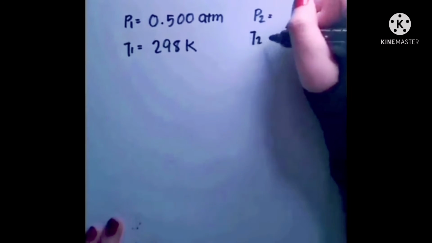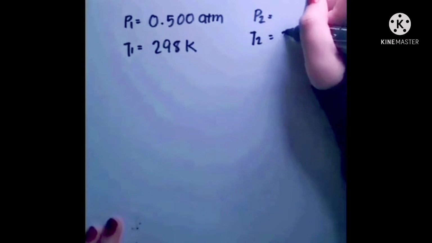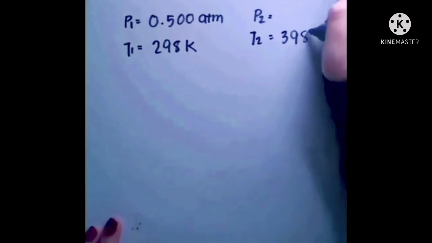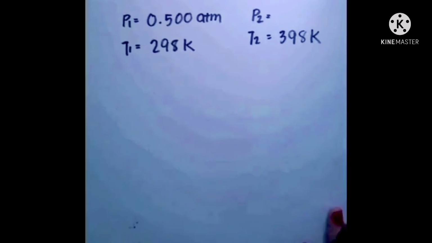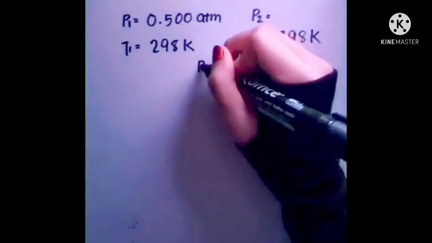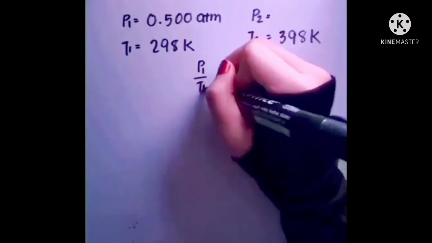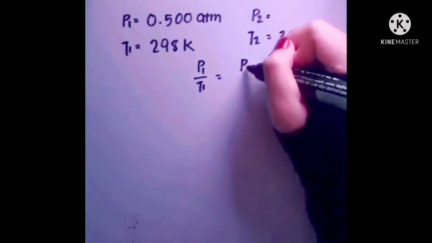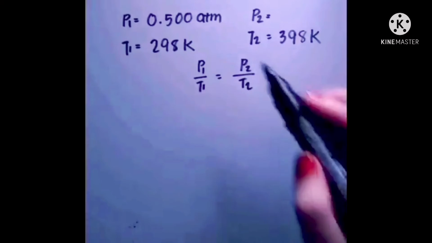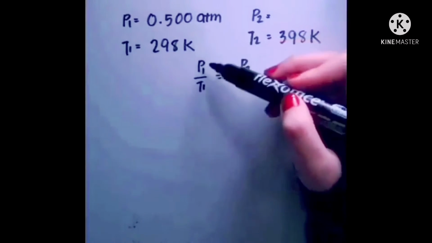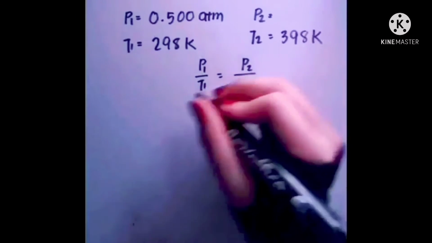At ang T2 naman natin ay 398 Kelvin. So, dito na papasok yung formula, which is P1 over T1 is equals to P2 over T2. So, ito, pwede na natin itong ilagay dito. So, maging ganito yan.